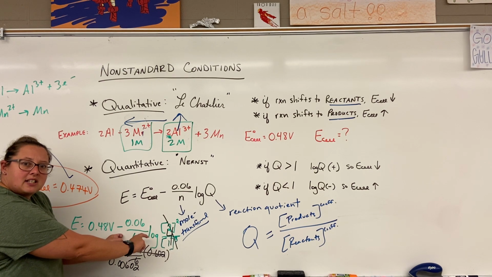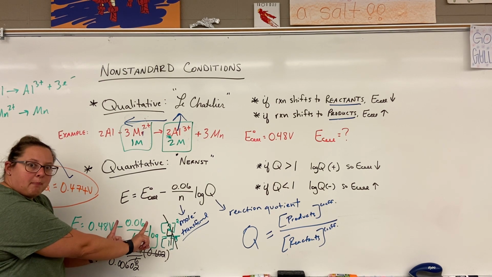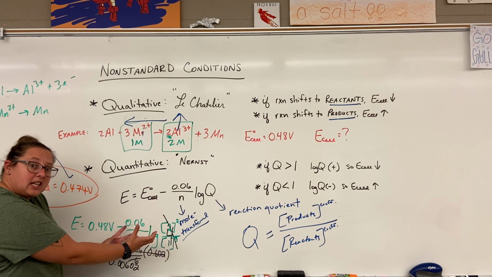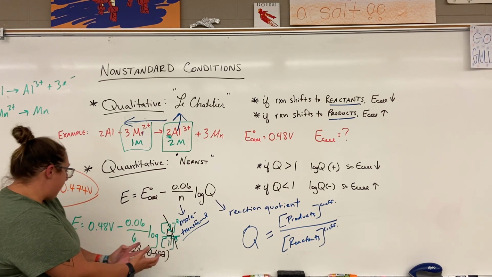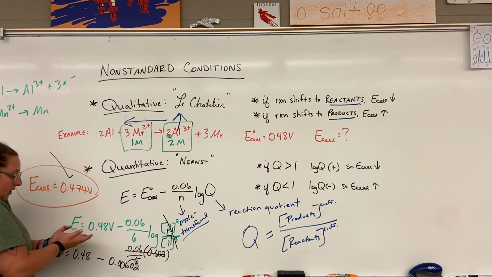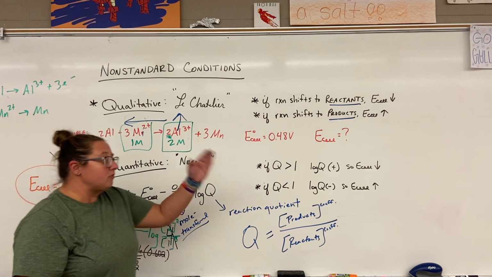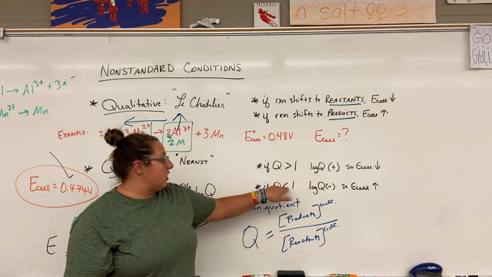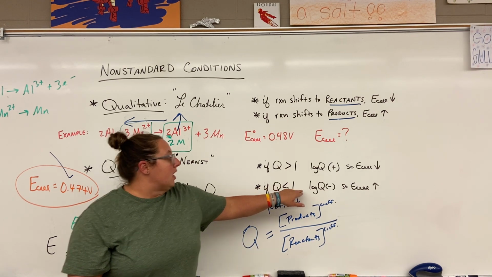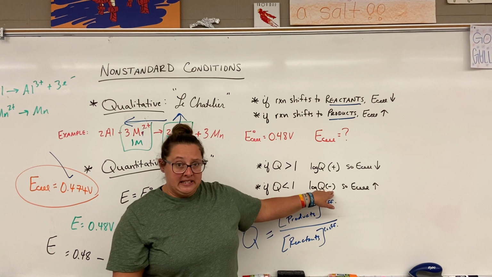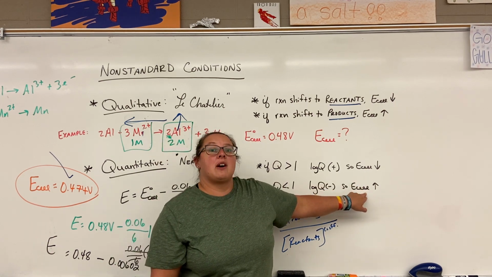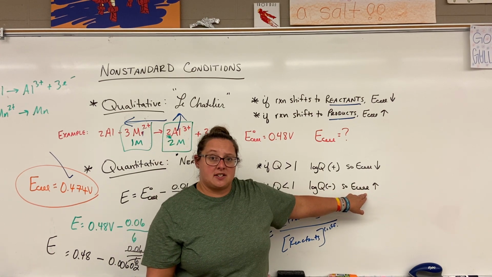If I'm subtracting a negative quantity, don't both of those become positive and I'm adding that quantity? So what that means is that my Ecell value is going to be greater than the standard Ecell value. So the rule is, if Q is a number less than 1, log of Q will always be negative, and therefore my Ecell will increase.